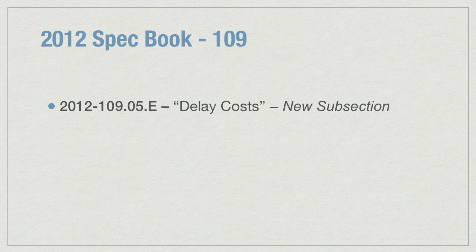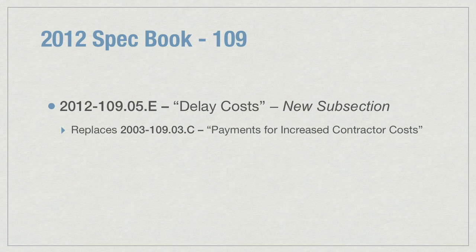Subsection 10905E, Delay Costs, is a new subsection in the 2012 book and replaces in part old 10903C, Payments for Increased Contractor Costs. This specification gives a methodology for payment for compensable delays as defined in subsection 10809B.